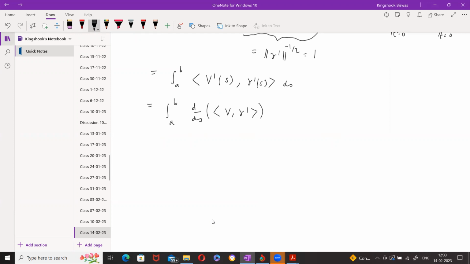So if I do this, then I'm going to get two terms. By the Leibniz rule, it will be inner product of V prime with gamma prime, plus I'll get V inner product with gamma double prime, right? So I have to subtract that. So I'll get a minus inner product of V with gamma double prime, dS. Okay. Is that clear?